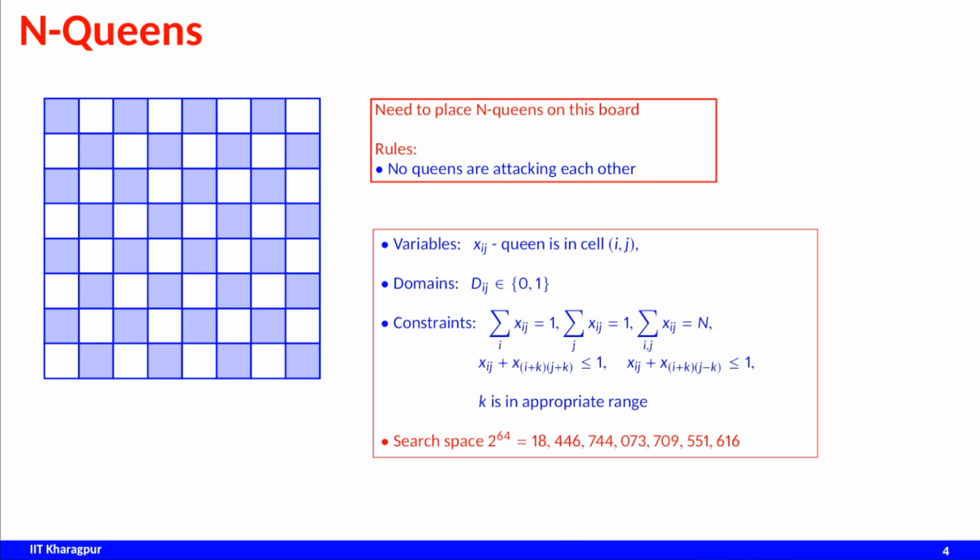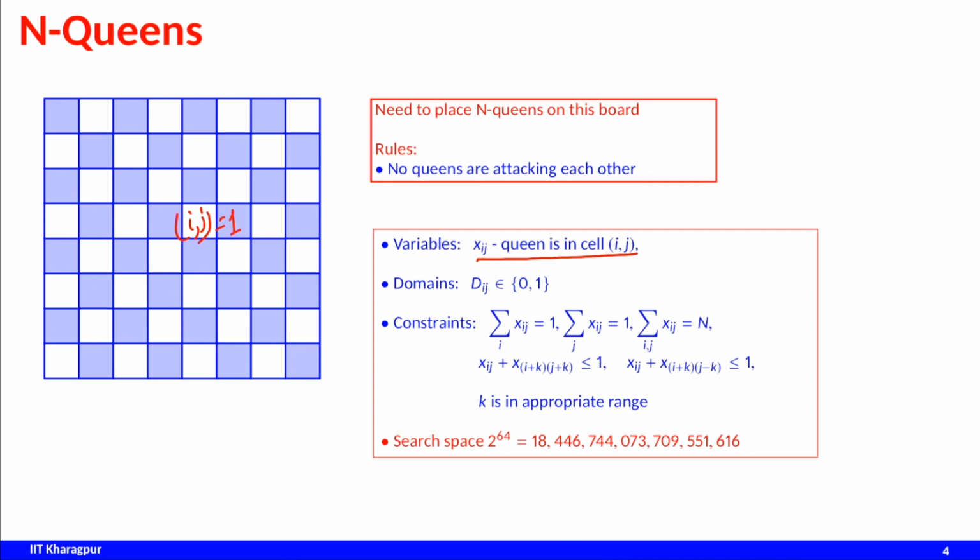So let us define the set of variables. We define the variables in this way: xij. What does this xij mean? We mean that in cell ij a queen exists, or the queen is in cell ij. Let's say this is my ijth cell, and if this is 1, then the queen is present in this place, and if it is 0, then the queen is not present.